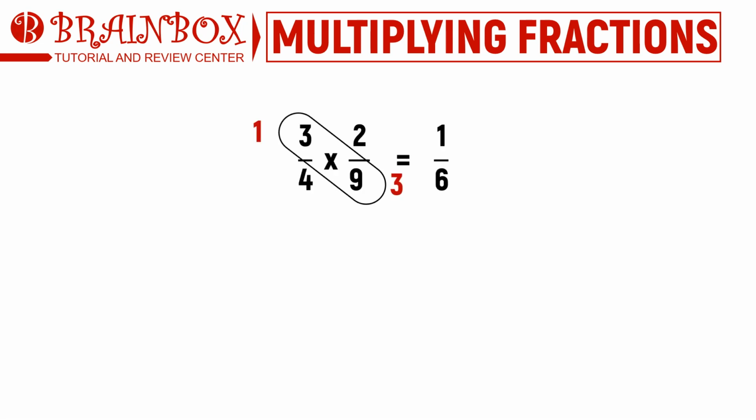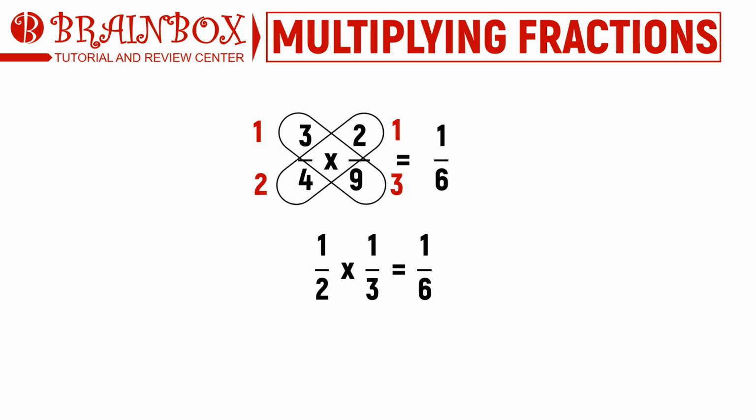As we can see, the 3 in the numerator of the first fraction and the denominator 9 of the second fraction are further reduced to 1 and 3, respectively. For the denominator of 4 and numerator of 2, these are reduced to 2 and 1, respectively. In this way, we were able to get 1/6 as the product of the two fractions.